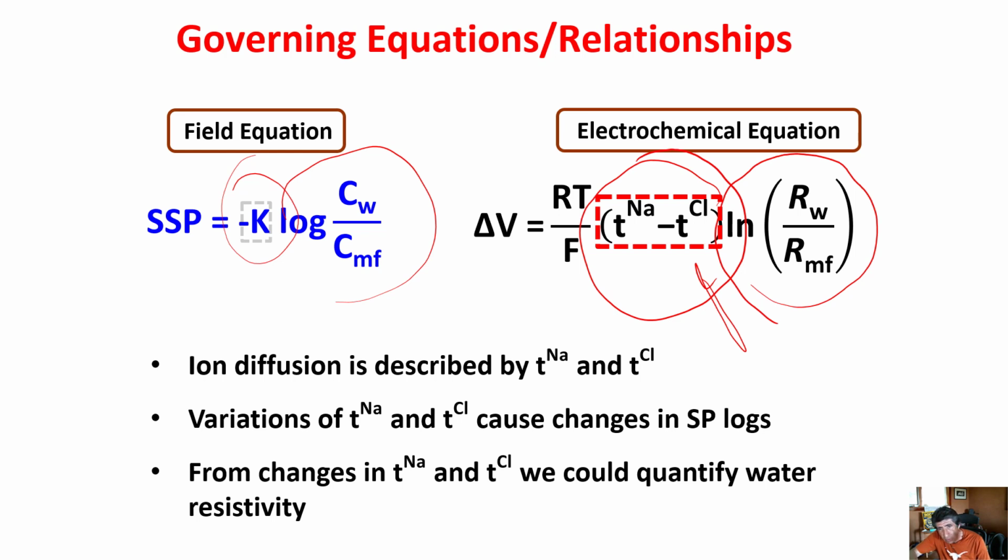In a case where you have multiple electrolytes, ions, you could have potassium, chlorine, sodium, sulfates, nitrates. The idea is that you could include the transport numbers here, but typically what we do in the field is normalize it as though they were a combination of sodium and chloride.